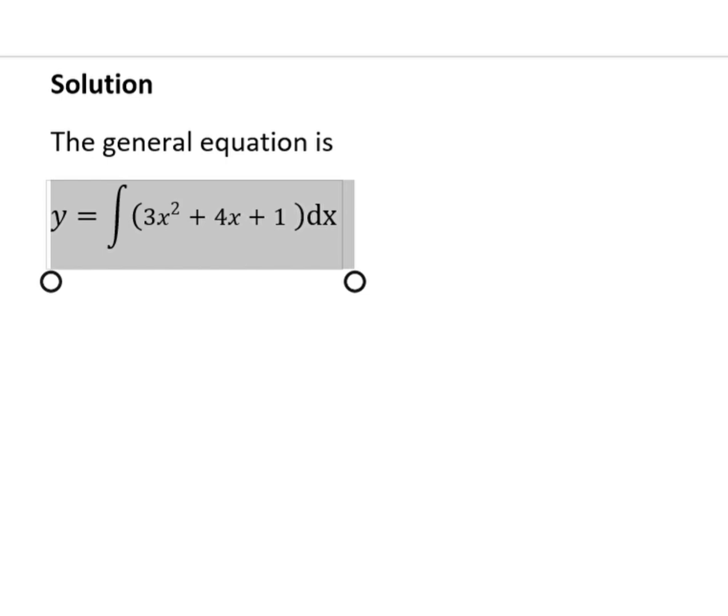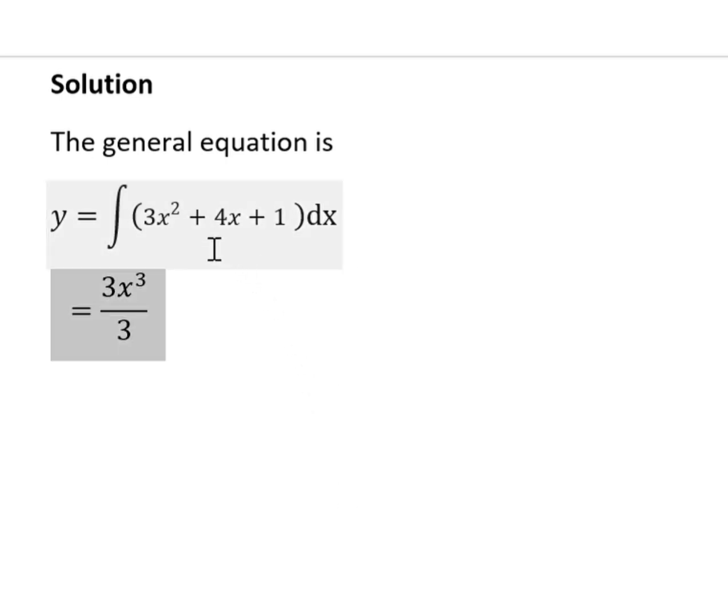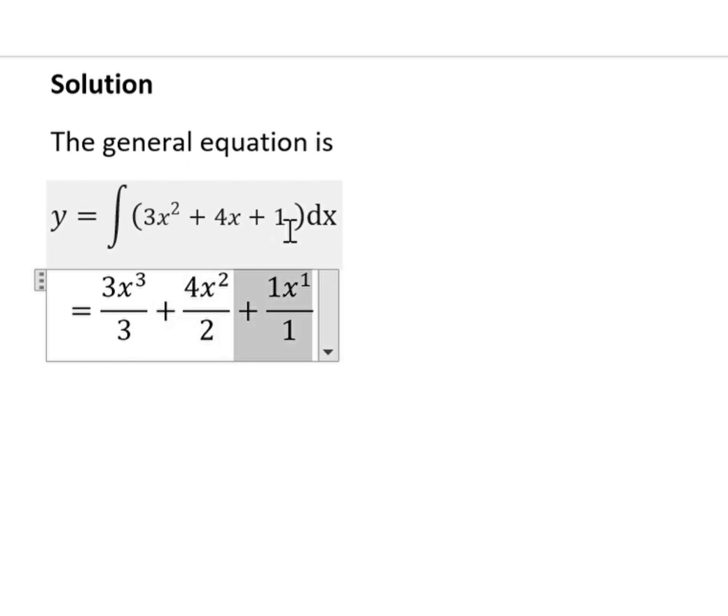When we do that, our y will be equal to, the integral for this is 3x cubed over 3 plus 4x squared over 2 for this one, then plus 1x raised to power 1 over 1, then plus c. So if you simplify this, you'll get x cubed, because this and this will cancel.